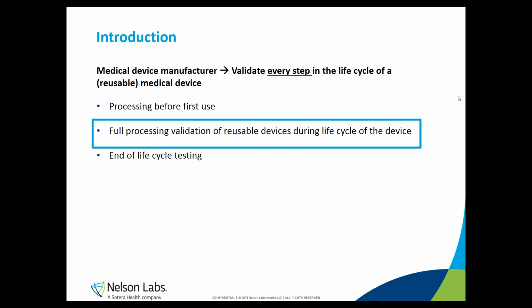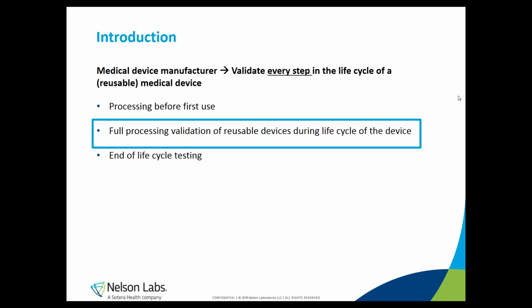And therefore, it is key to make sure that you validate every step in the life cycle of a reusable device, meaning, first of all, the processing that has to be done prior to the first use, then the full processing cycle that will be performed to prepare the reusable devices for the next patient.